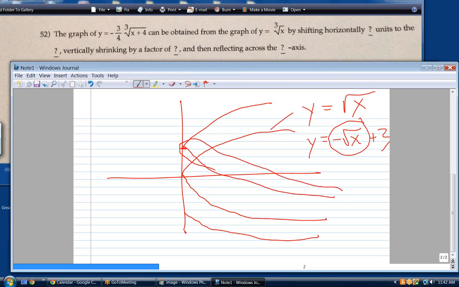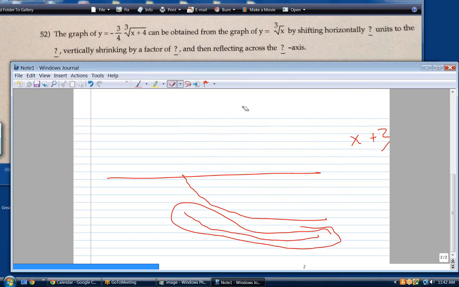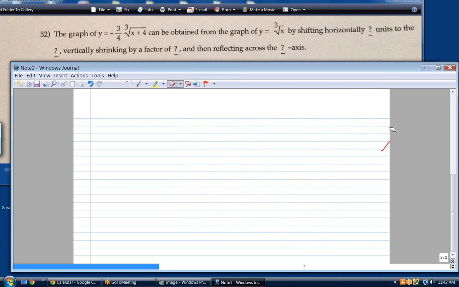So there's my true line, but there was the line I would have got had I done the shift first and the reflection second. So when you're doing vertical shifts and reflections, order matters.